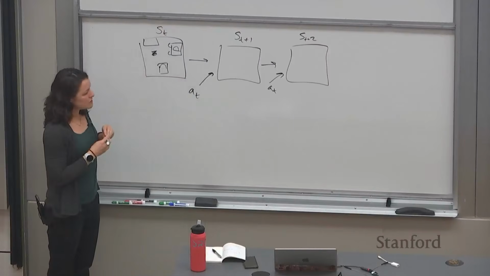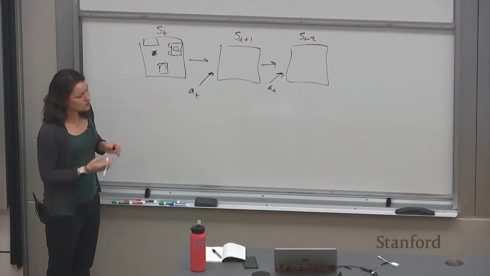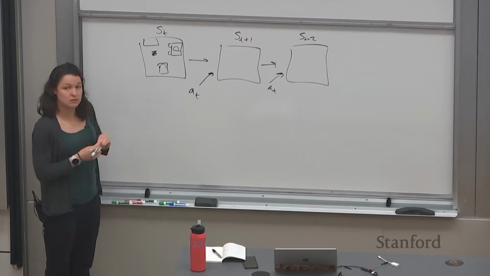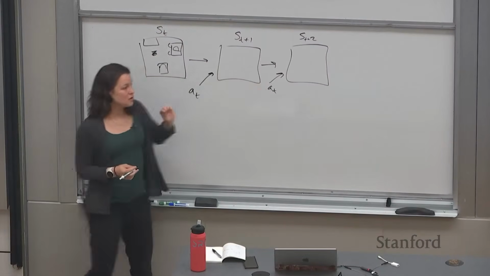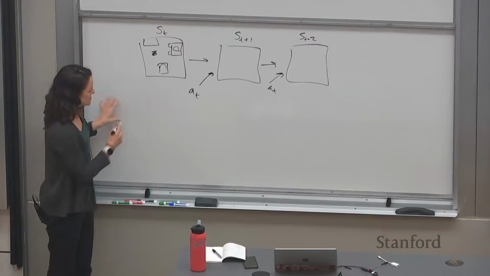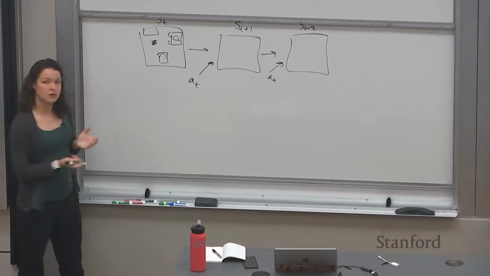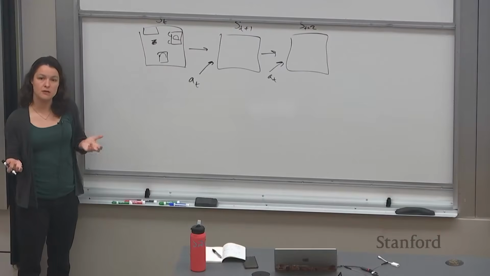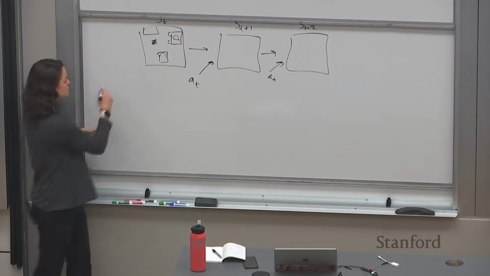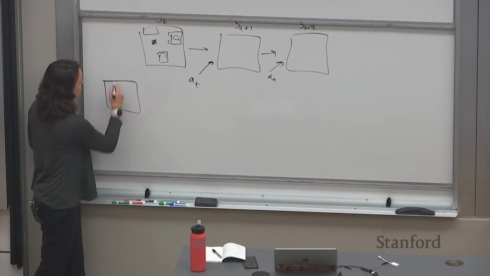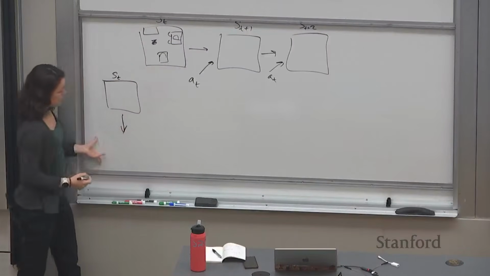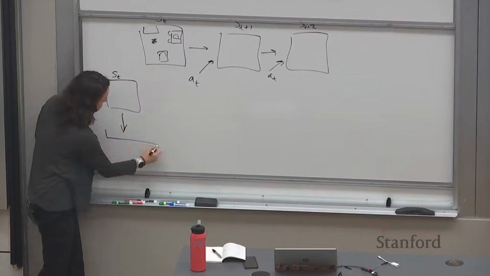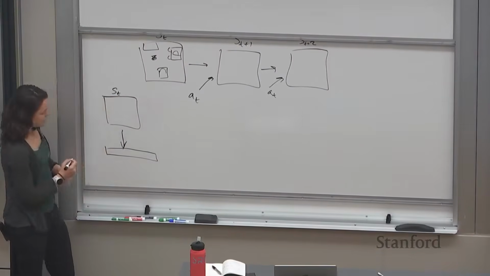And so one alternative option that is sometimes used to learn dynamics models is, instead of modeling in the image space, you could learn some lower dimensional representation and then model in that representation space. For example, for a given state, you could learn some sort of encoder that maps this to a lower dimensional representation space.